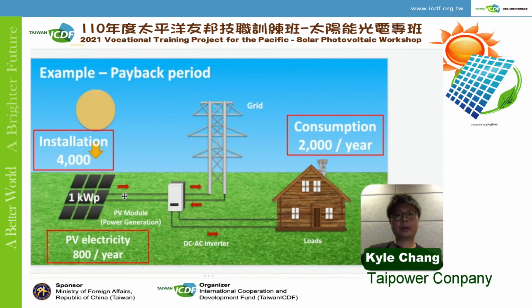And then let's see an example of a payback period. I think this can be understood using a simple example. Let's look at the instance. Assume they install a 1 kilowatt PV system, and the initial investment costs over $4,000.